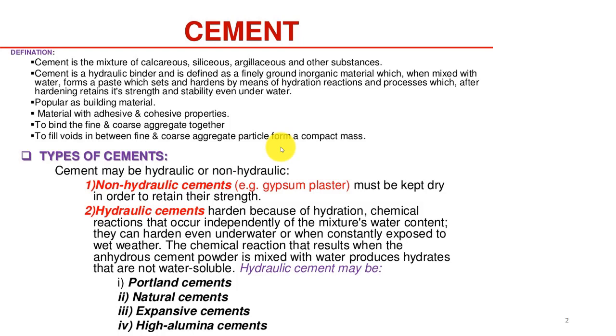Whether you are in Asia, America, or Australia, you will have calcium rich rocks. Either these are limestone, or the calcareous origin can be taken from some sea origin, like you can use the shells.